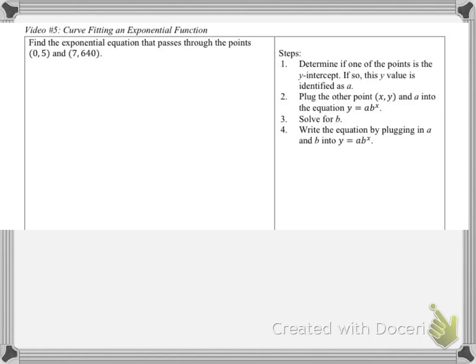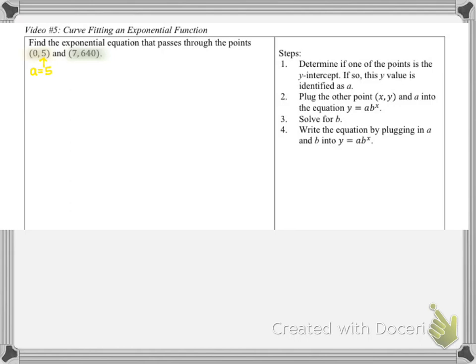If I take a look at the 2 points here and inspect both of them, I see right now that one of them is the y-intercept. I know this because it's 0, comma. If you have a point that is 0, comma, you're being told what the starting value is. So I'm basically being told that a is 5, which is really nice.